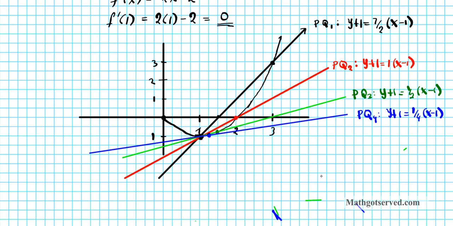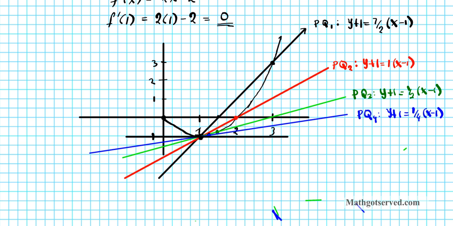Okay? So what is our tangent line going to look like? Well, we know what tangent lines look like, right? Tangent lines are lines that touch the curve at exactly one point. We know that the slope of our tangent line, or instantaneous rate of change, at this point is 0. So we know that it's going to be a horizontal line. So this horizontal line right here, through that point, is our tangent line, and it has a slope of 0.